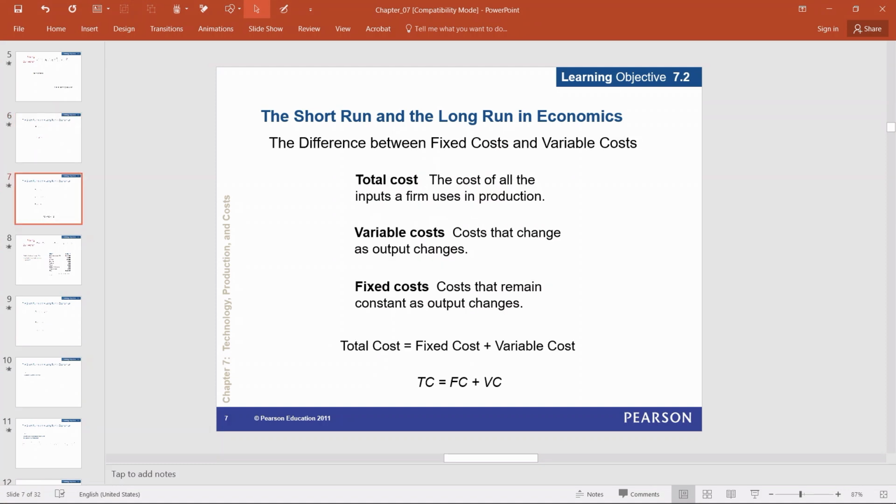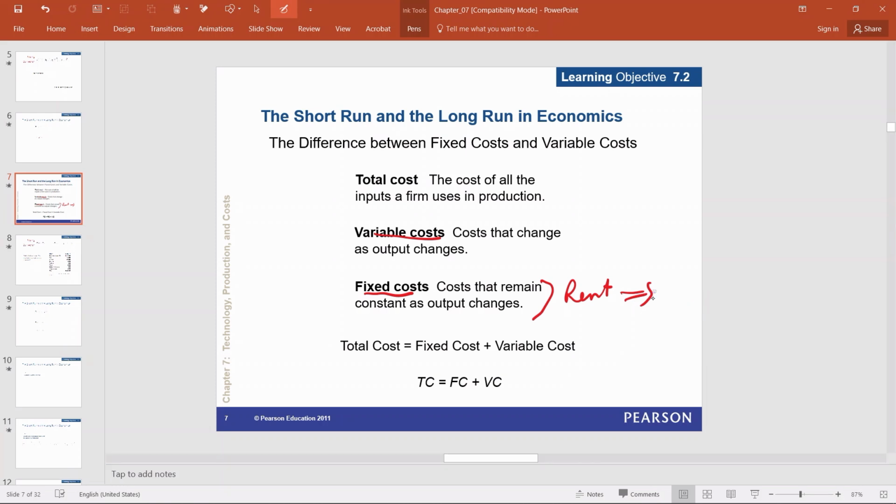Okay, in this slide, more focus is on the cost side. So we as economists look at costs consisting of variable costs and fixed costs. These are costs that cannot change in the short term, for example, rent of land or rent of building. Usually these are related to a contract that cannot be changed in the short run.